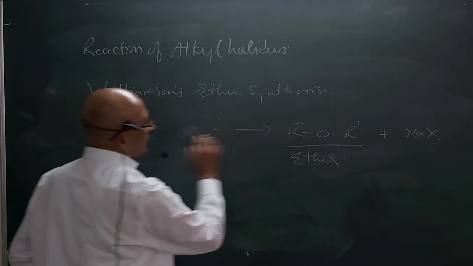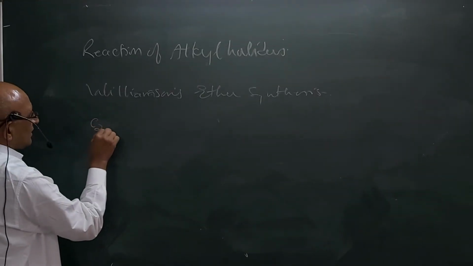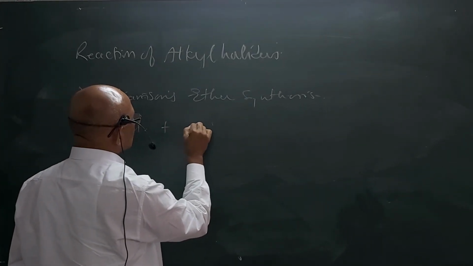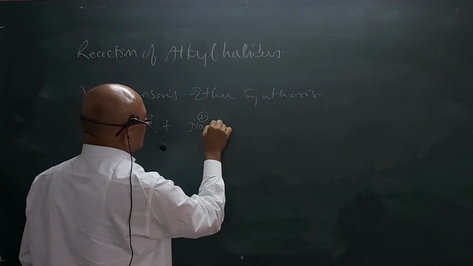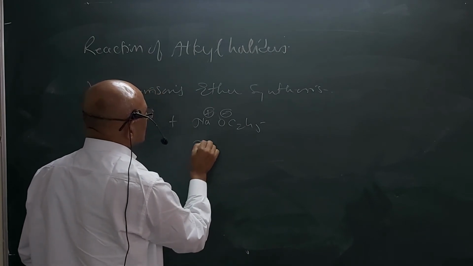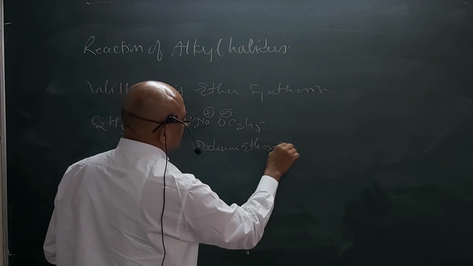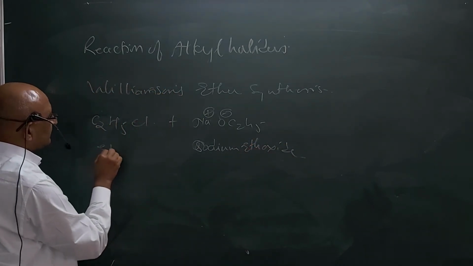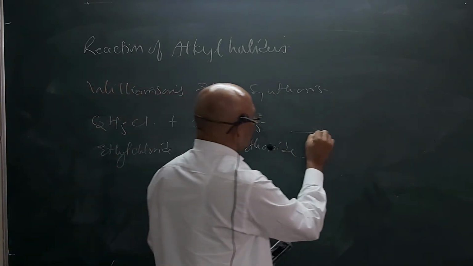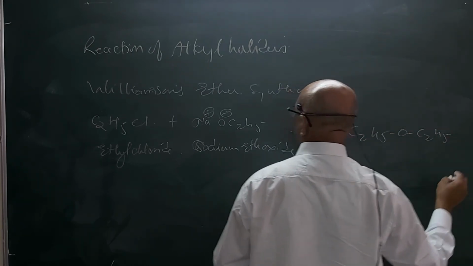For example, what are the different types of symmetrical and asymmetrical ethers? If you consider the reaction of ethyl chloride with sodium ethoxide, Na plus OC2H5 minus, this gives you diethyl ether.